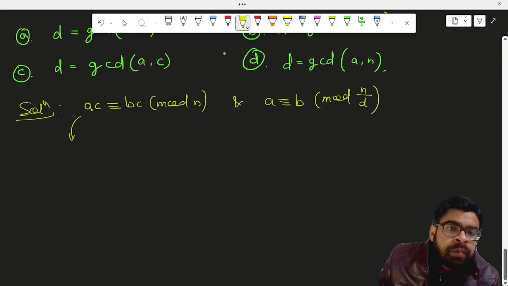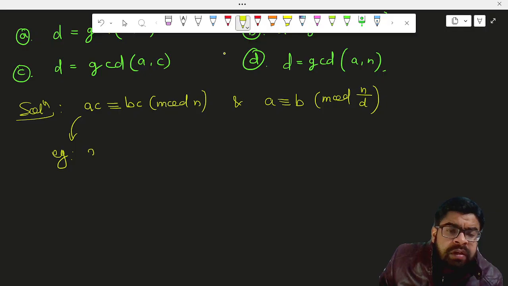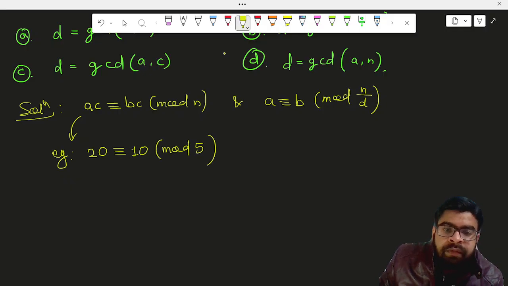So if we solve it through an example, for example, suppose I take 20 is congruent to 10 with modulo, let's say I took 5. So we can write down here it is 2 into 10 congruent 2 into 5 with modulo 5.